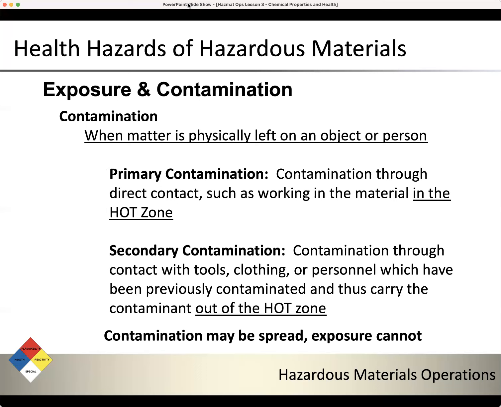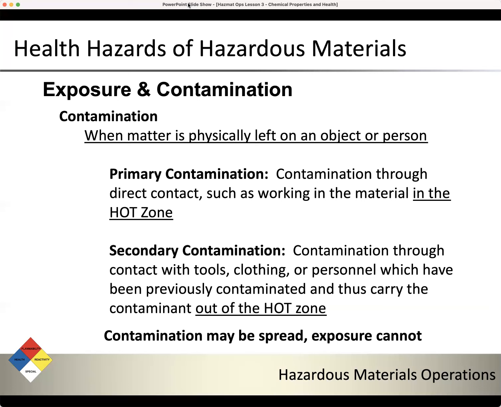So any victim who has, at the time of the release or even anytime after the release, anybody that touches the material where the release is occurring receives primary contamination.